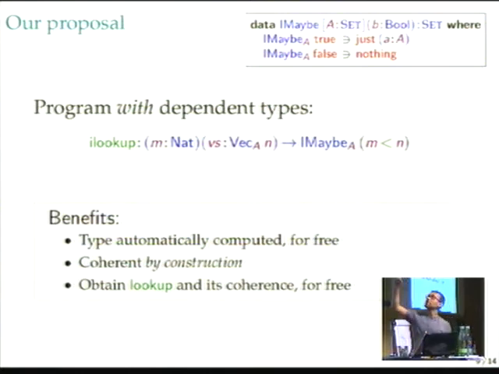That's the kind of programming style we do in AXA, and I believe this is the kind of programming style you would like to do in systems like Haskell, because you simply don't have proofs inside Haskell. So this gives you a lookup function which is coherent, and it's automatically extracted from a nicely typed function.